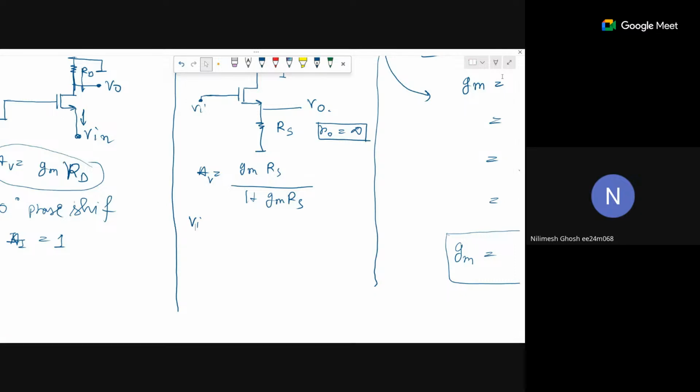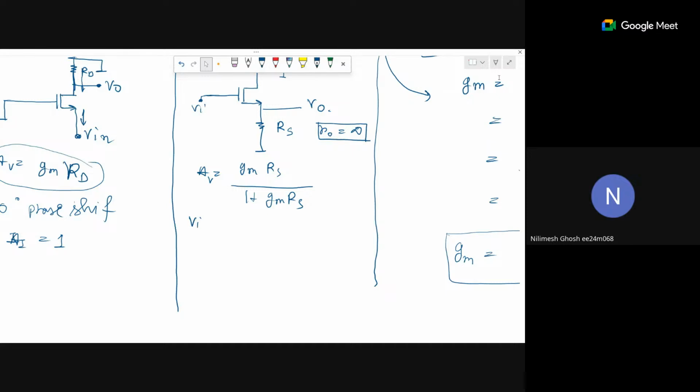But this circuit has particular advantages. You try to find out what the advantages are. I will not say everything; you have to work some things out on your own.